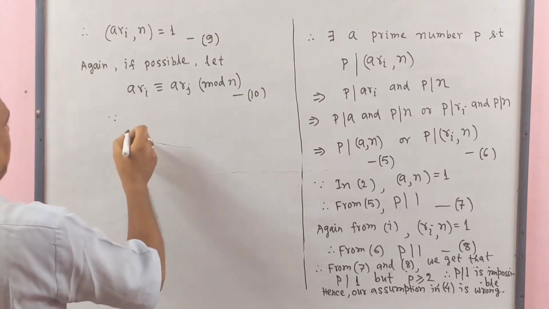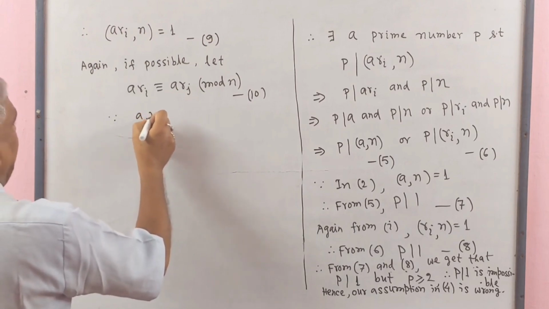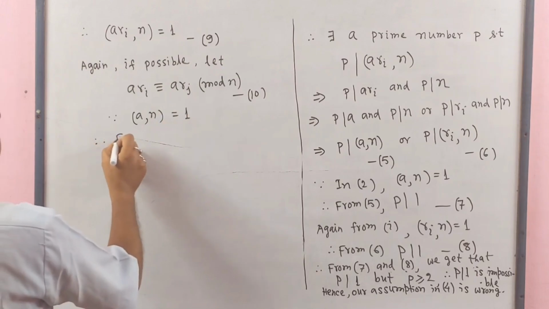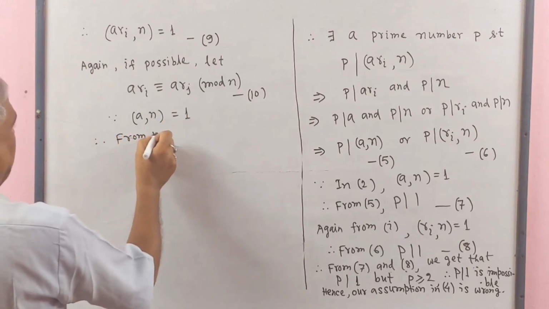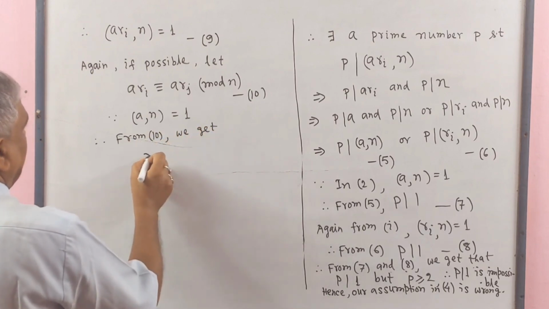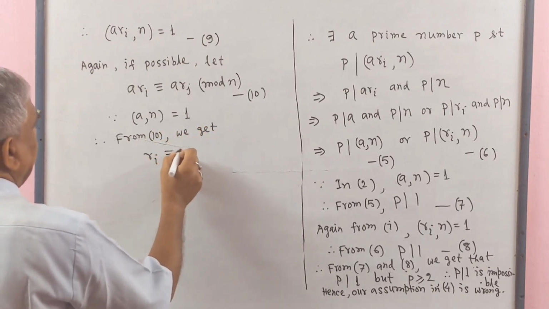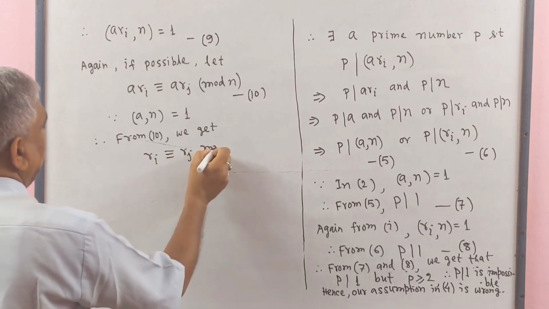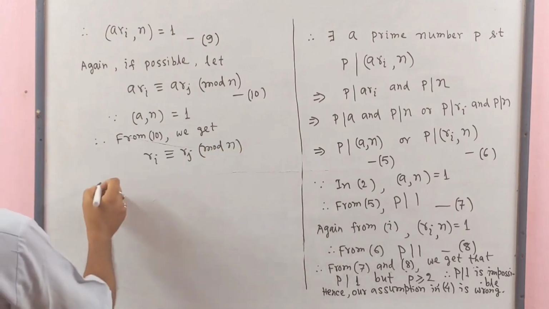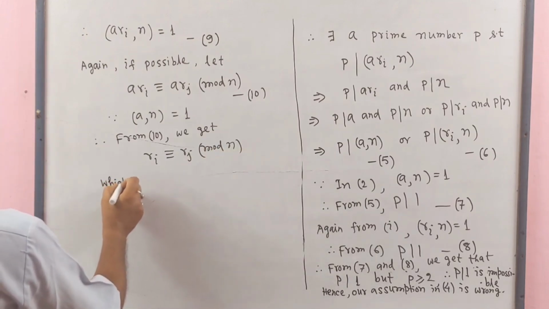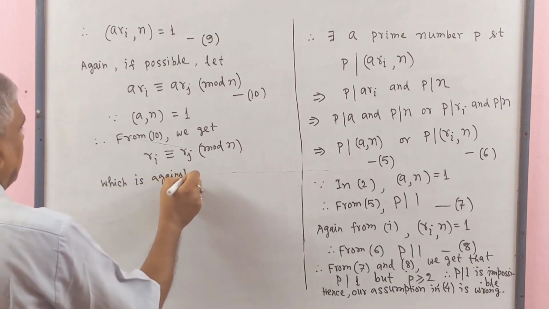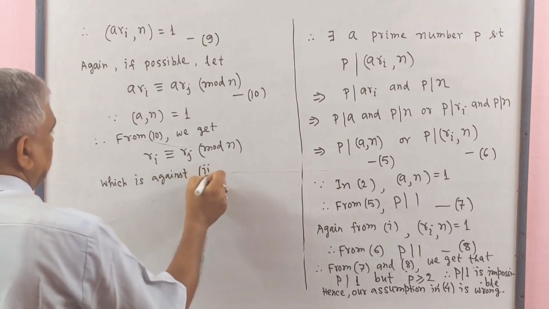Since GCD of a and n equal to 1, therefore from 10 we get r_i is congruent to r_j modulo n, which is against number 2.